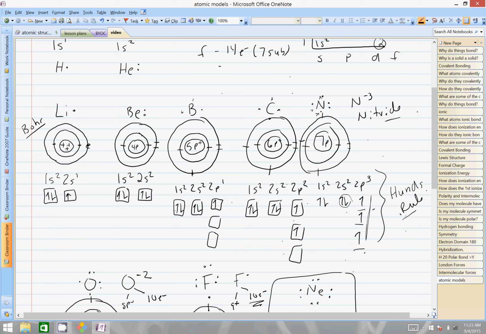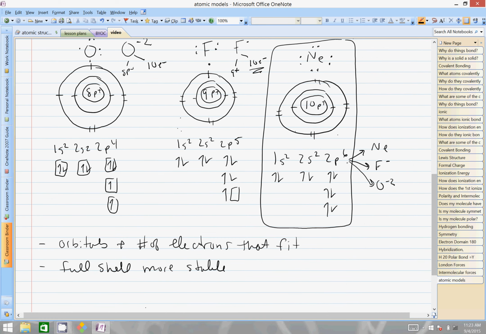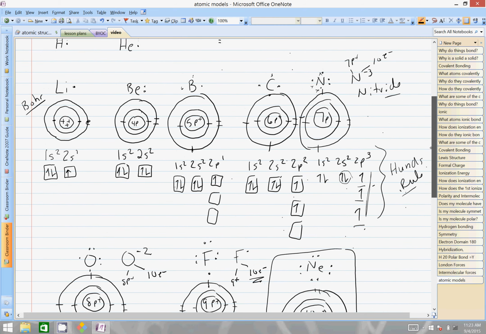So in this case, again, nitrogen has 7 protons and still 10 electrons. So this, once again, has the same electron configuration as N-3. Neon, fluoride, oxide, nitride all have the same stable electron configuration.